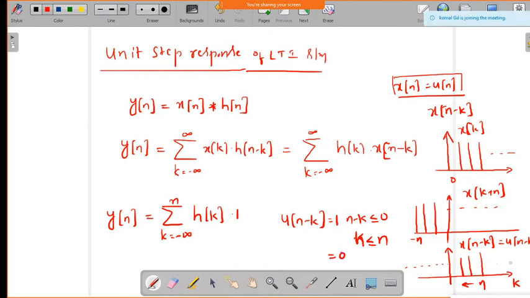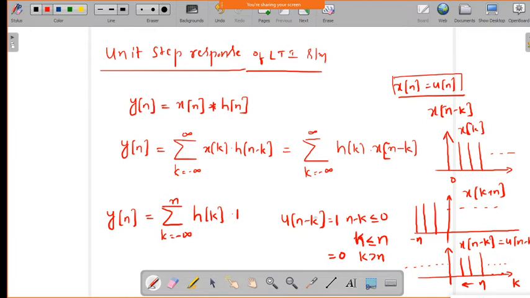Otherwise, for k greater than n, the samples are always 0.